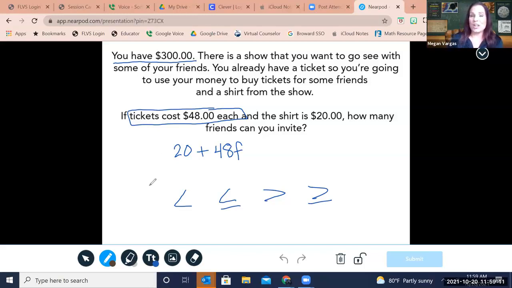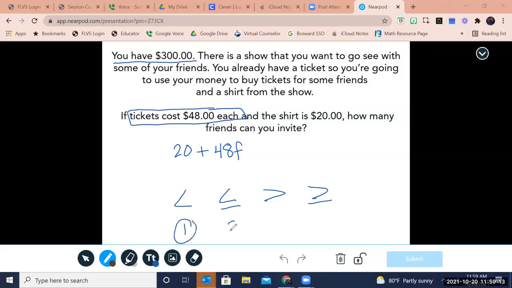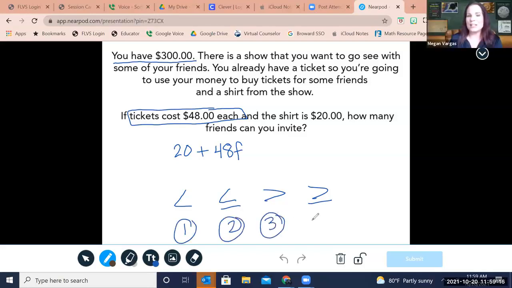Let's do this in the chat. This is 1, this is 2, this is 3, this is 4. Tell me the number of the one that you would use. Yes, LeJoelle, Alani, yes. Which one means that I cannot go over? Think about it again. A lot of people have answered, but I haven't said your names. Yes, Madison.